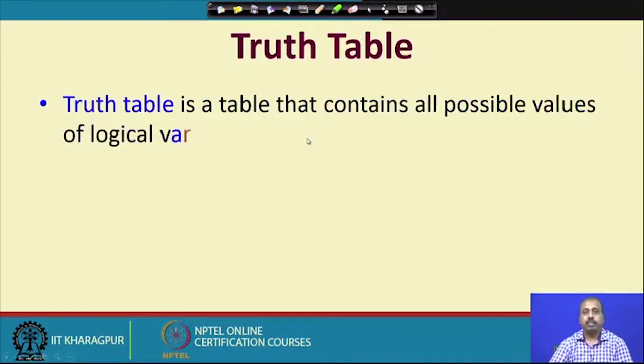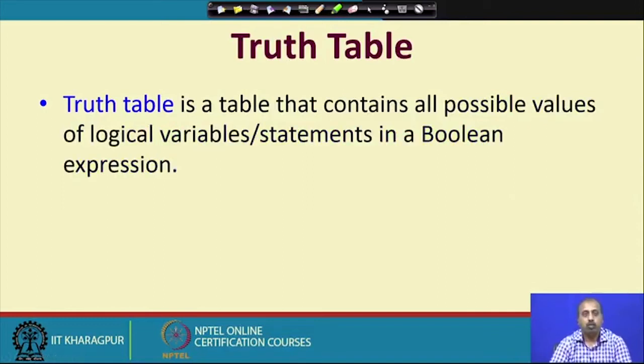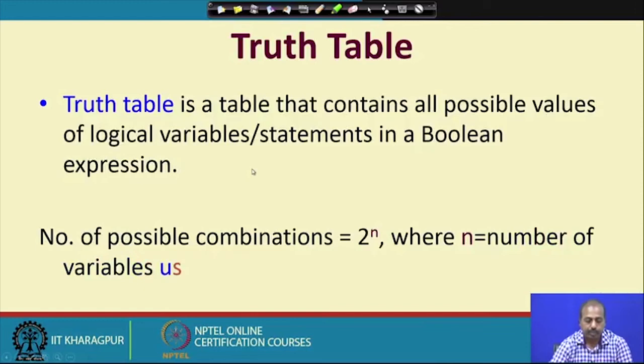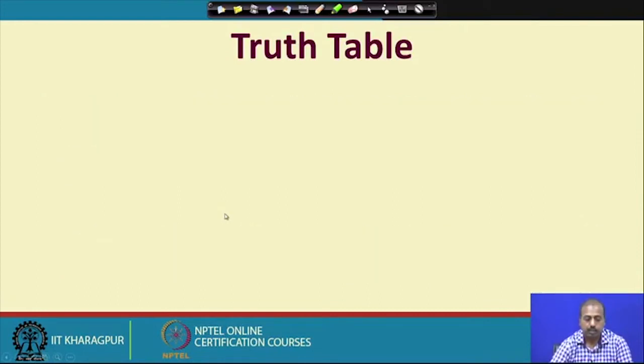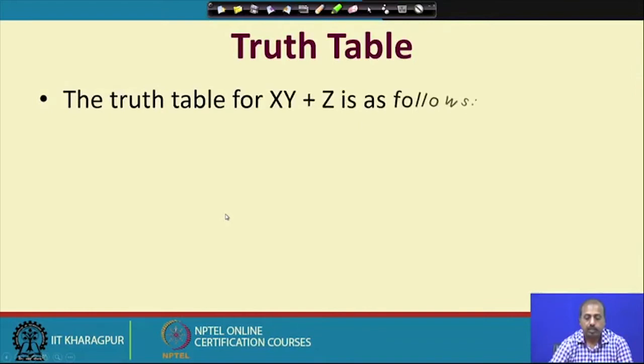Next, we introduce a concept called truth table. A truth table is a table that contains all possible values of logical variables or statements in a Boolean expression. So, how does it look like? If there are n variables, then there are 2 to the power n possibilities. Suppose we have a Boolean function x y plus z.